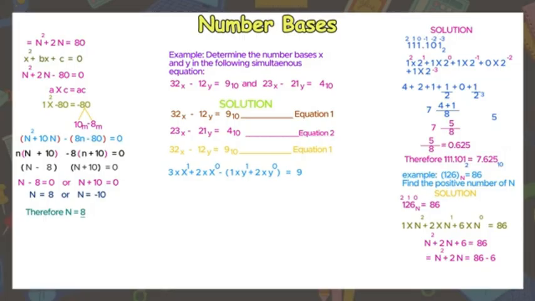3 multiplied by x raised to power 1 is 3x, plus x raised to power 0 is 1, 2 multiplied by 1 is 2, minus 1 multiplied by y will give us y. Minus times plus will remain as minus. So y raised to power 0 is 1, 2 times 1 is 2, which is equal to 9. What do we do now?